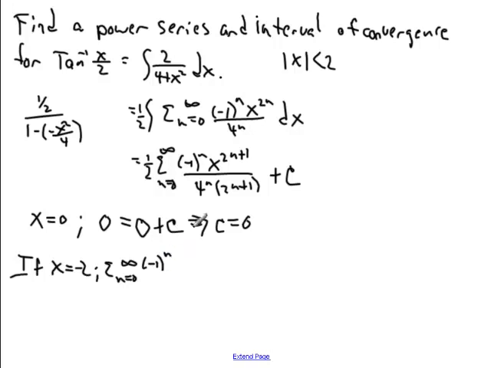Negative 1 to the n, and this is going to be negative 1 to the 2n plus 1 times 2 to the 2n plus 1. But I'm going to write that as 2 to the 2n times 2 to the 1. And all that's going to be divided by 4 to the n times 2n plus 1.